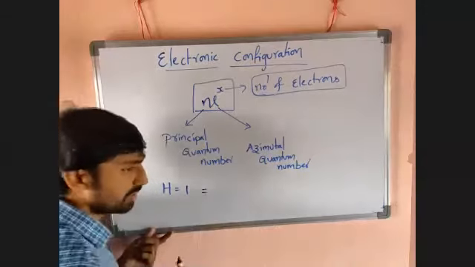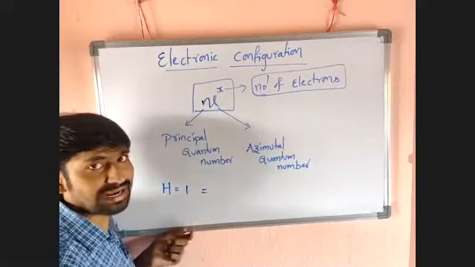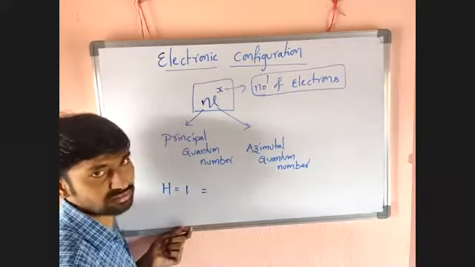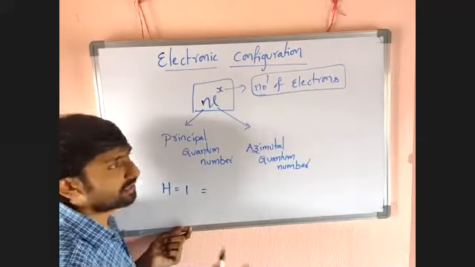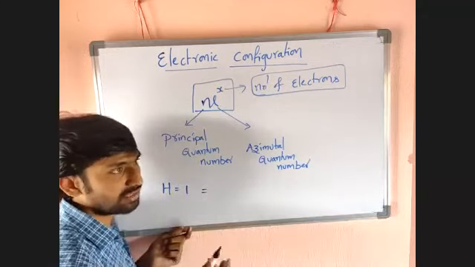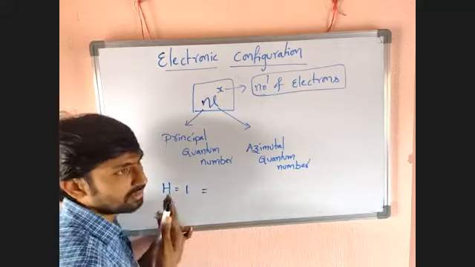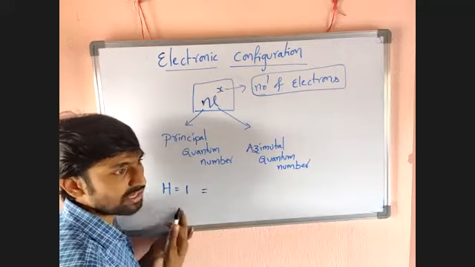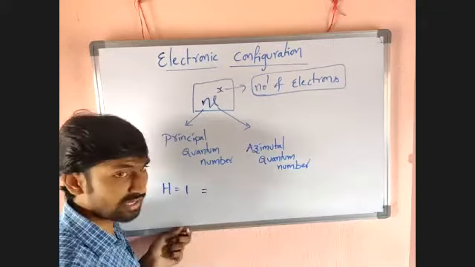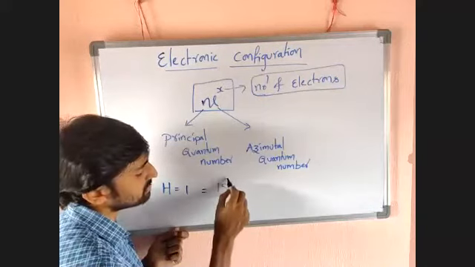If it is a neutral atom with no charge, atomic number equals number of electrons. In a neutral atom, it is not a cation, not an anion, it does not gain or lose electrons. In that case, atomic number is equal to number of electrons. Now the atomic number of hydrogen is 1, so the electronic configuration is 1s1.